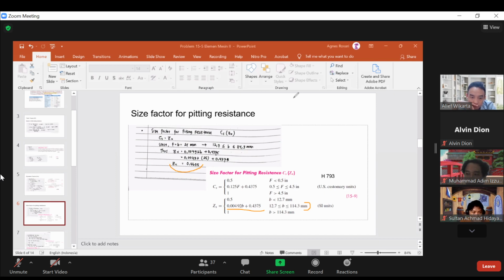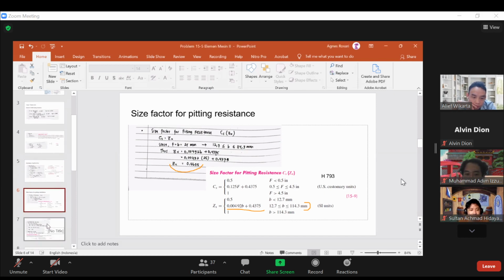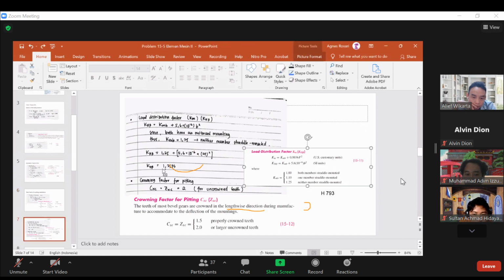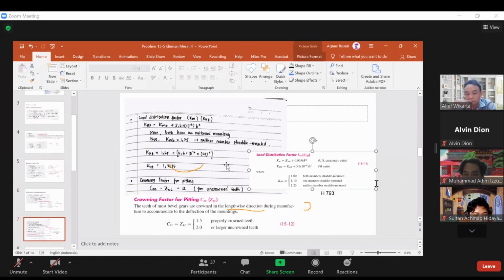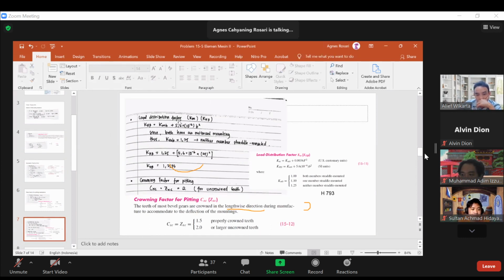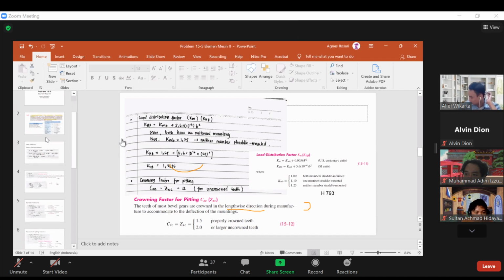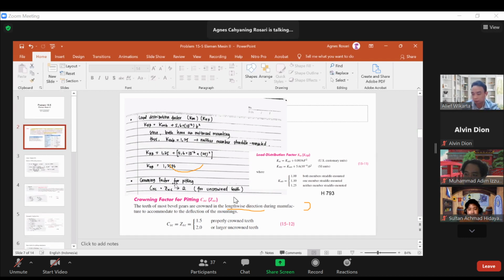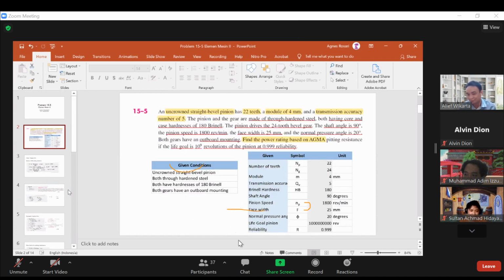And then we find the load distribution factor from the problem. We know that both have an outward mounting.